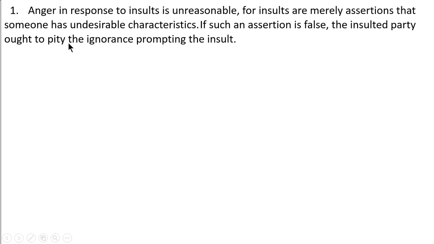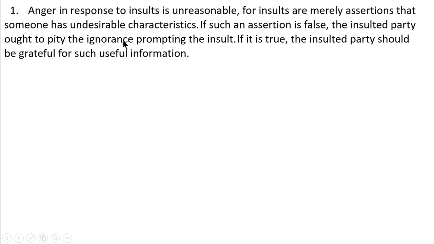Why? Because the other party was ignorant of the fact. And if it is true, the insulted party should be grateful for such useful information. And if this information is true, then the party who has been insulted should be grateful for the information.